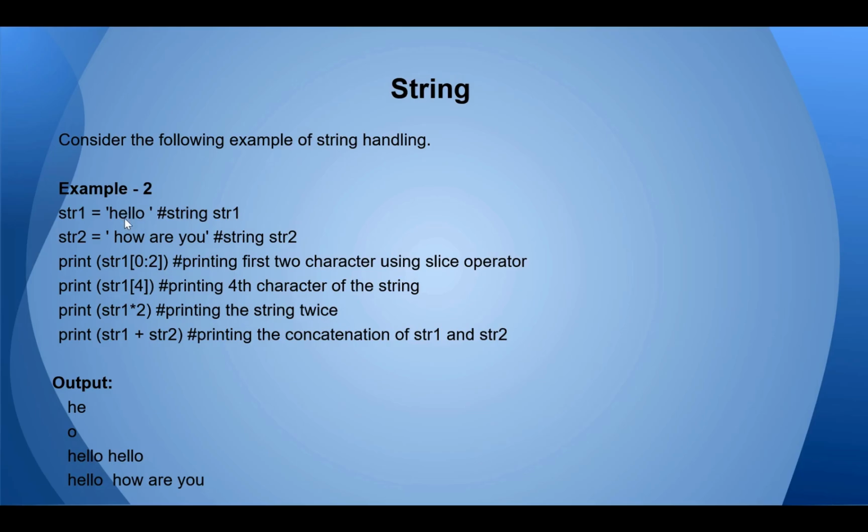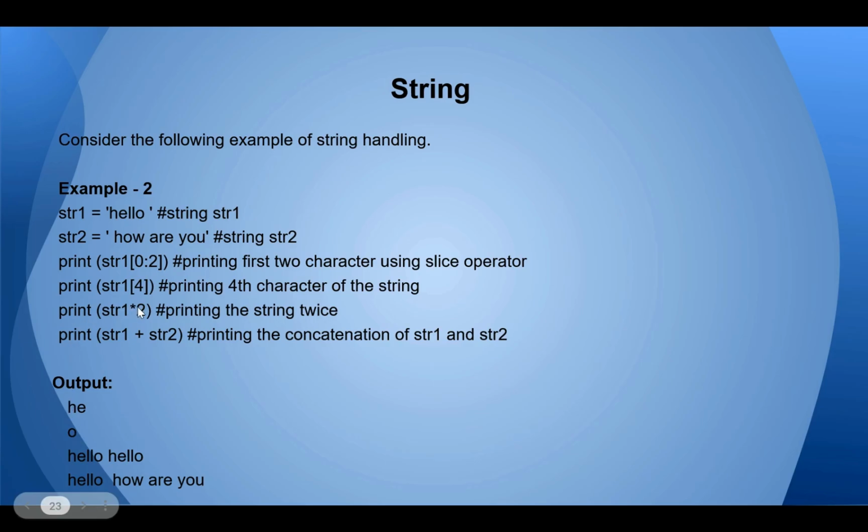But I have to write the fourth character after counting from 0, so the fourth character will be this O, right? Counting 0, 1, 2, 3, and 4, the index number is 4. That's why print str1 and in square brackets 4, and it will display O.